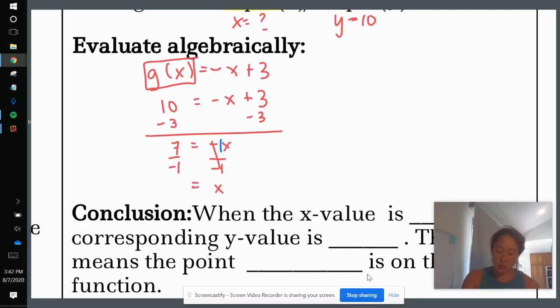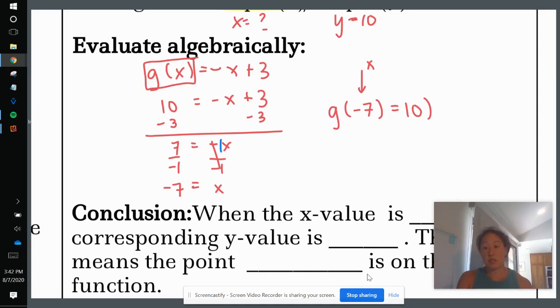So 1x is equal to negative 7. So this means that we have an ordered pair, or actually let's write this as g of negative 7 is equal to 10. Again, the nice thing about function notation is that the number inside the parentheses tells us what x value we plugged in.